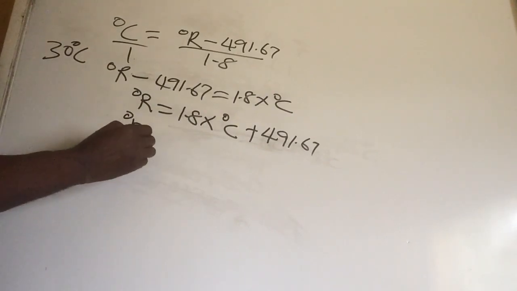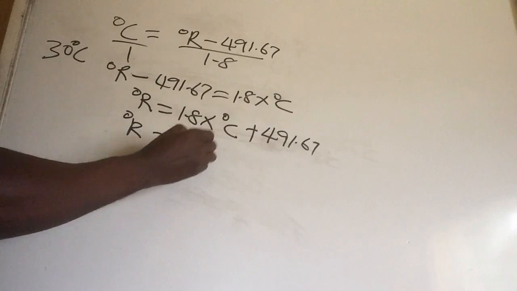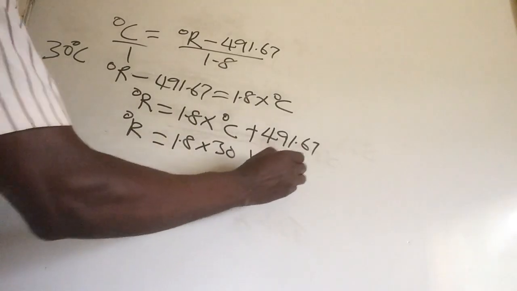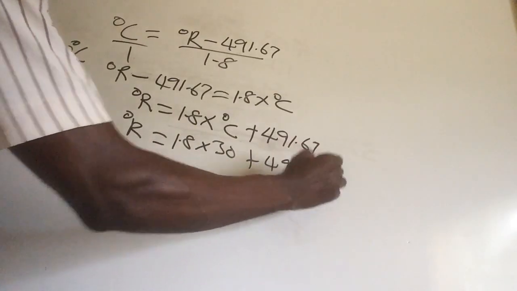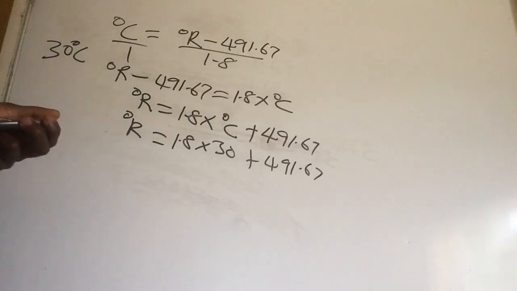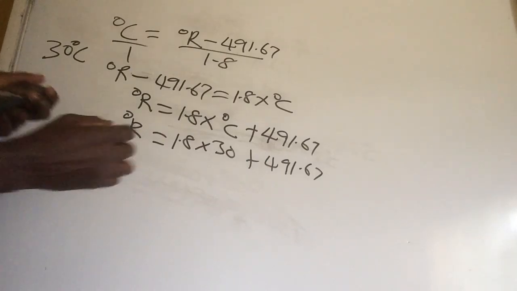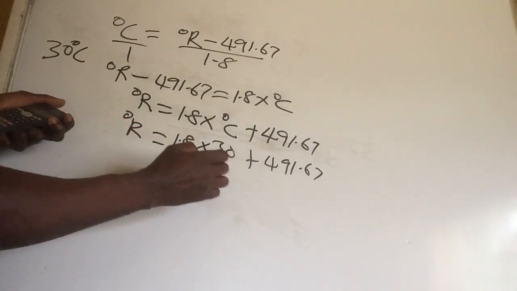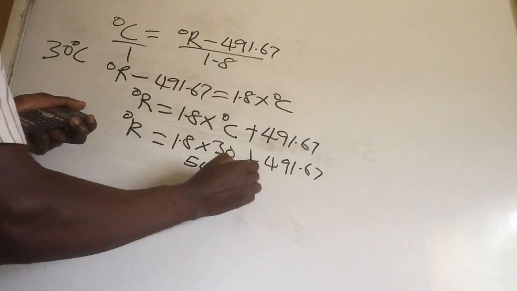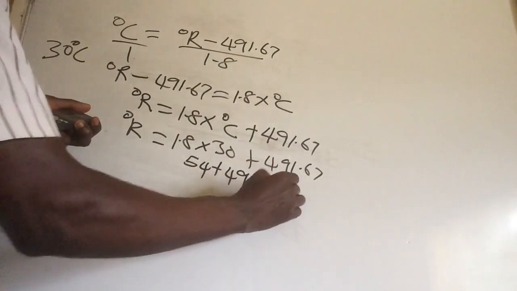Now our degree Rankine equals 1.8 times 30 plus 491.67. When you multiply 30 times 1.8, we have 54 plus 491.67.